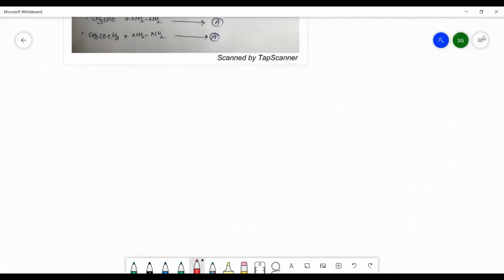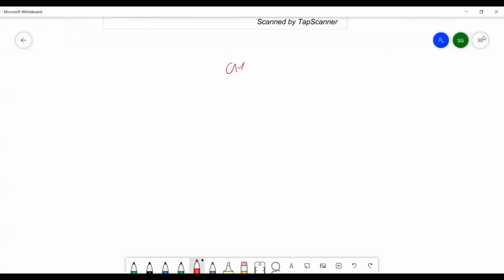Now suppose you are having this aldehyde and you are adding ammonia to it, or we can take a substituted ammonia derivative. So NH2 is here, that will be negatively charged. This is the nucleophile. So what will happen?